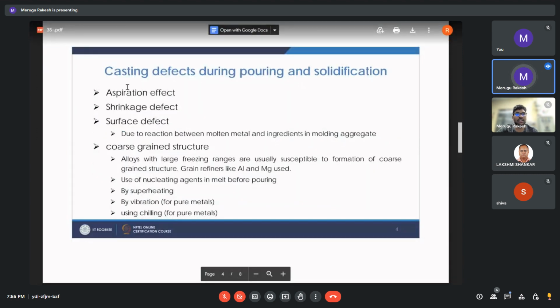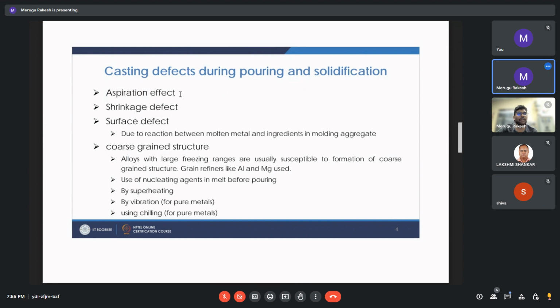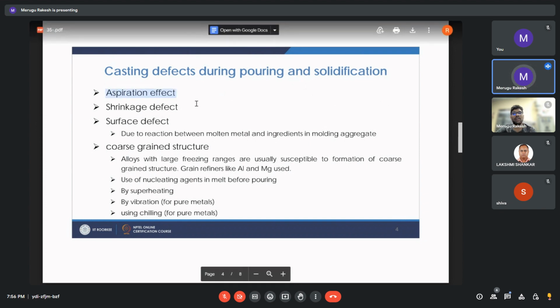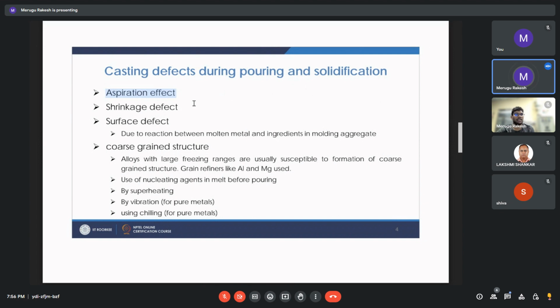Now, casting defects during pouring and solidification. One of the main things is the aspiration effect, which occurs due to improper design of the sprue or the gating system. We need to ensure that at every point the pressure is more than atmospheric pressure.